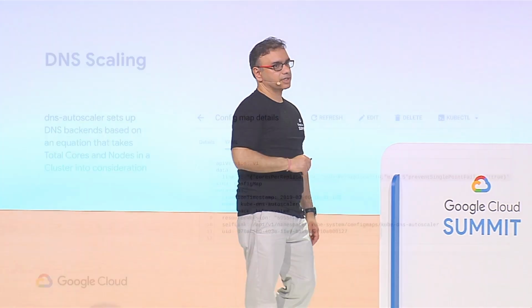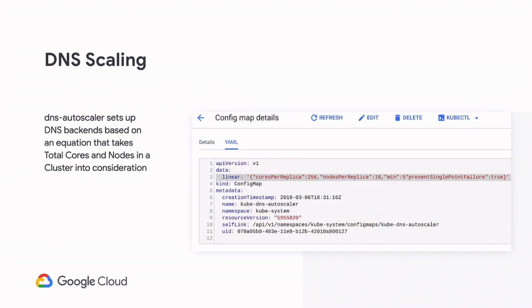What if I don't have a huge cluster, but I still expect large DNS consumption because I happen to use Node.js or some other service which tends to use a lot of DNS? What can we do then? What we can do then is to use this capability called DNS Autoscaler. Using DNS Autoscaler, we can tweak the config map, and I don't know if you're able to see this here, but there's one component in that red line that you see, which refers to min.